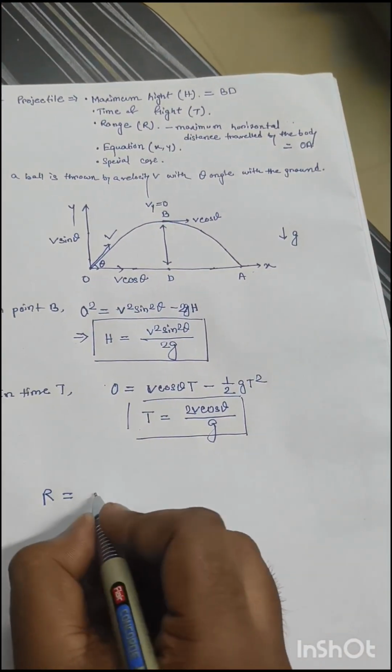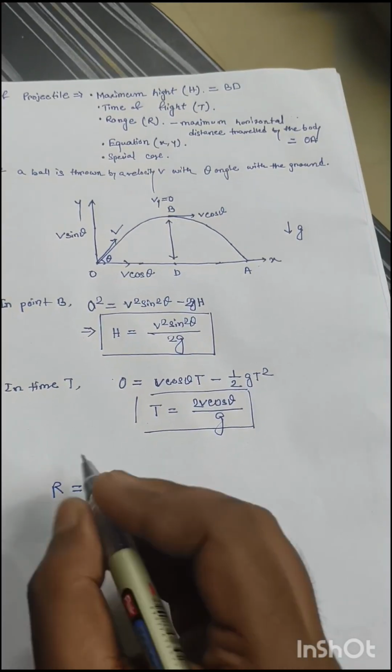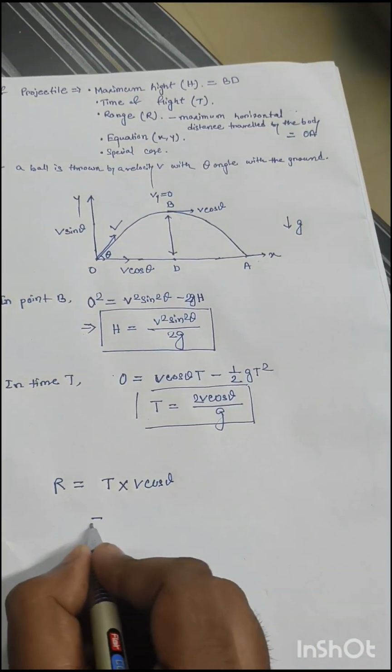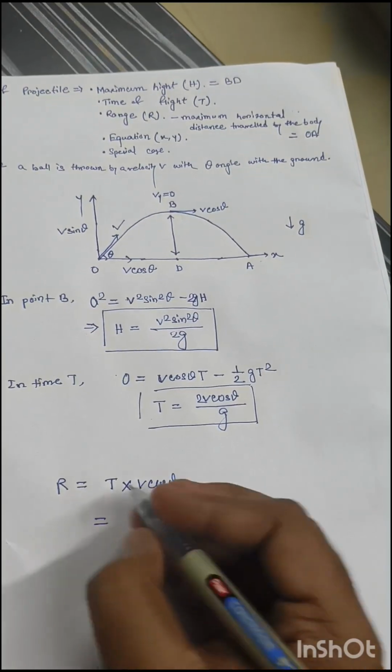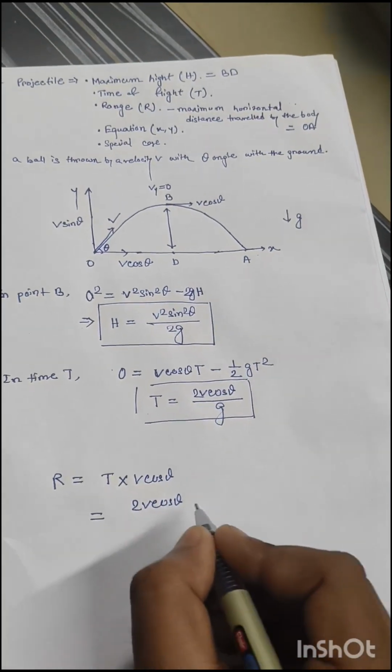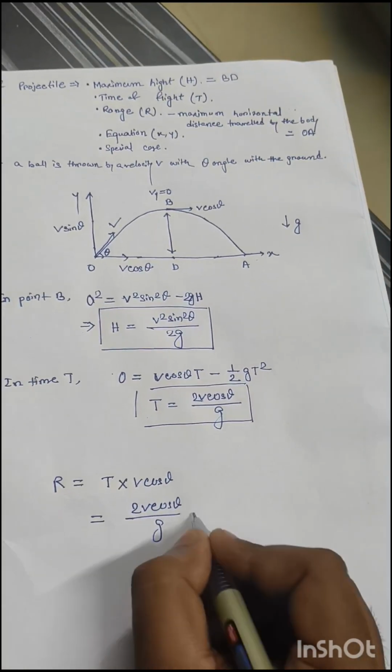So we take the time of flight t and multiply it by v cos theta.